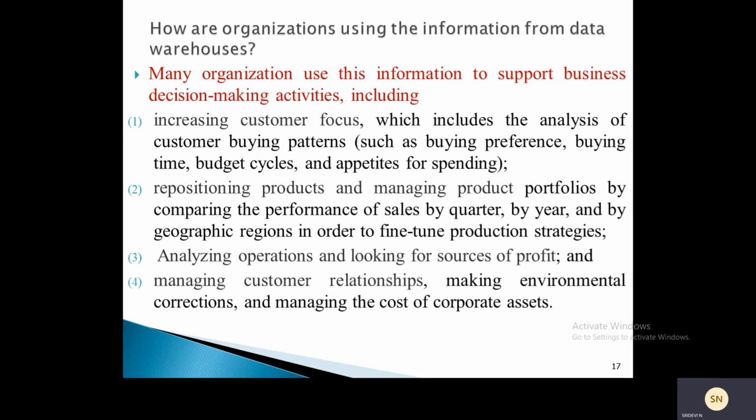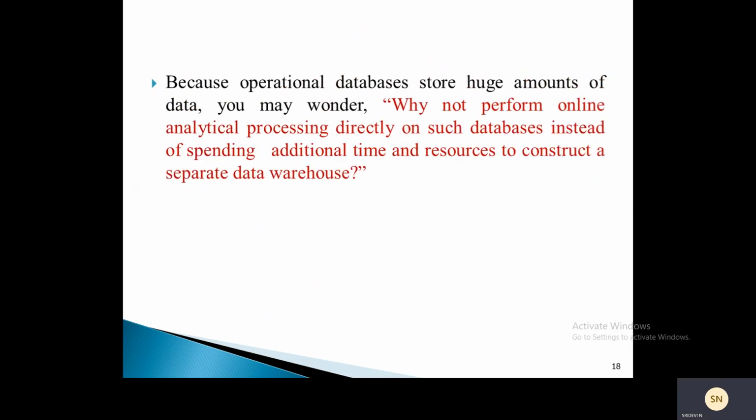So organizations use this information from the data warehouse to increase customer focus, to reposition the product, to get more profit, to analyze the operation, and to manage customer relationships. For all these things, we are using information from the data warehouse.